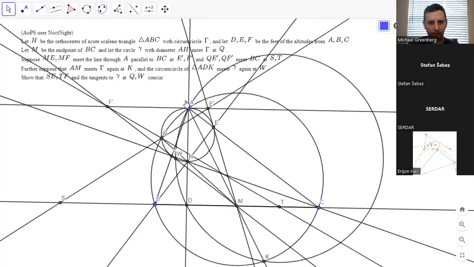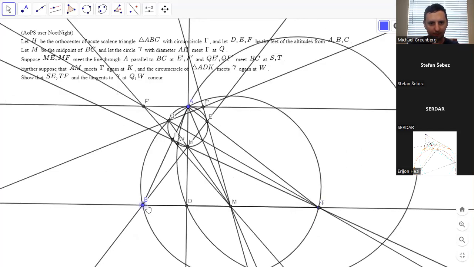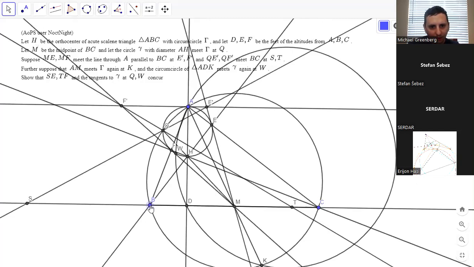So SE. This picture is so messy. SE, TF and the tangents at Q and W concur.